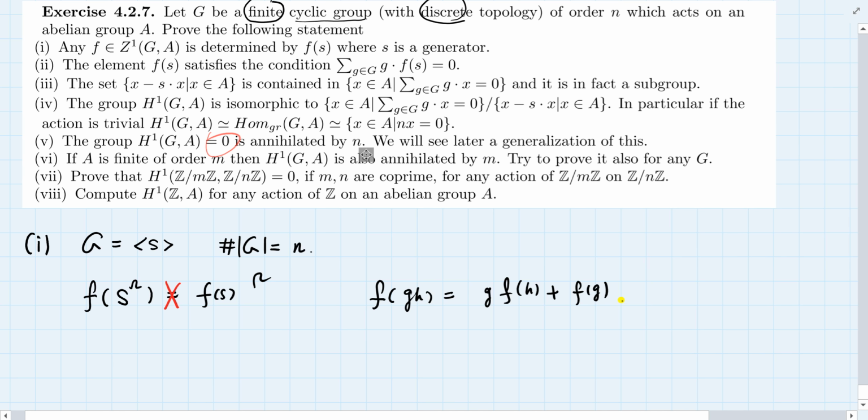So you see, F is any function from the group G to the abelian group A, such that we have this.